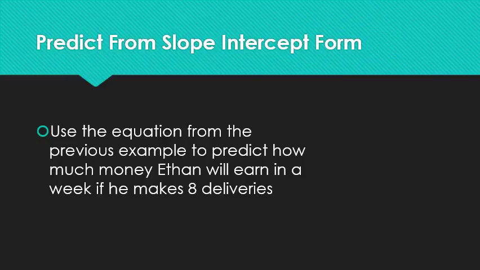So it says, use the equation from the previous example to predict how much money Ethan will earn in a week if he makes 8 deliveries. So remember, the equation that we wrote is T equals 16D plus his weekly salary of 135. And now we're told that he made 8 deliveries.